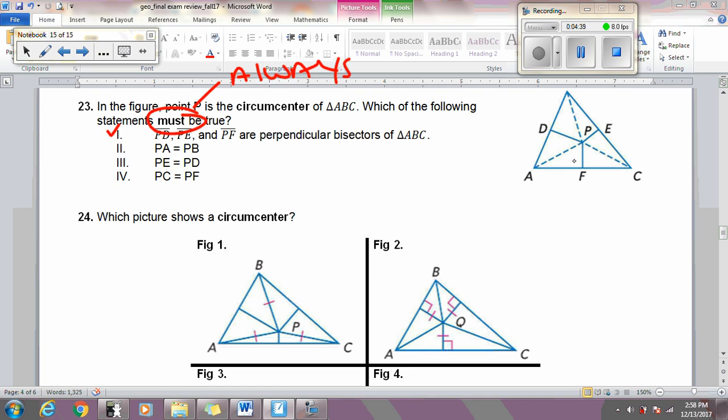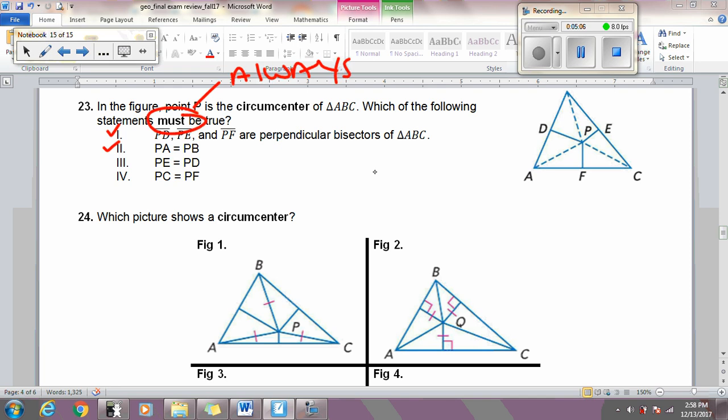PA is equal to PB. PA represents the distance from the vertex A and the circumcenter. And so same thing with PB. So yes, those must be the same. True. Situation 3 says PE, which is your perpendicular bisector, equals PD, the other perpendicular bisector.